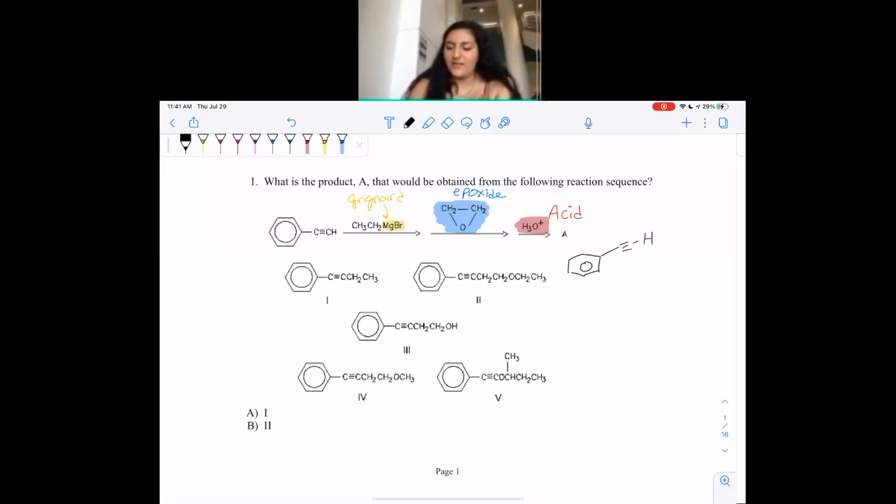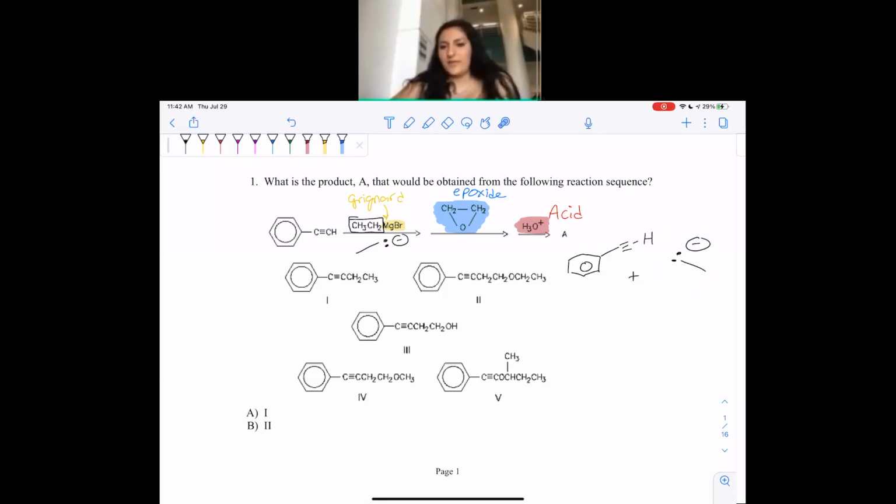We have this thing plus a Grignard, and this is the only part we care about. We don't care about the MgBr part. So this guy is our Grignard, and I'm just flipping it around, same molecule. So what do we know about Grignard reagents? Are they strong bases or strong nucleophiles?